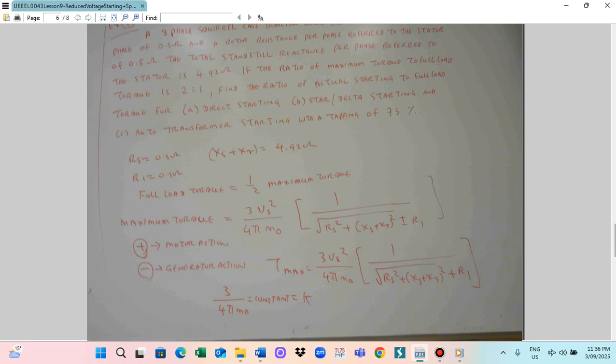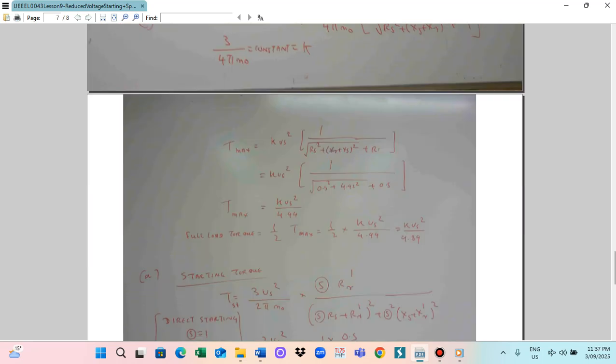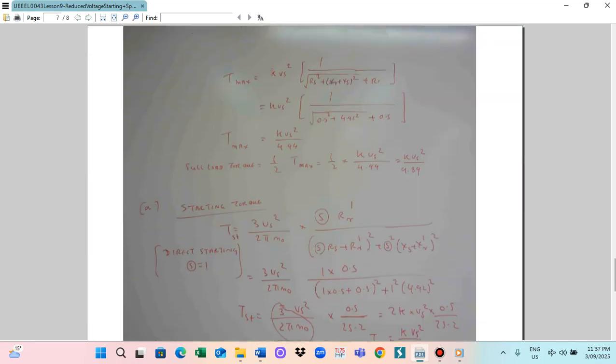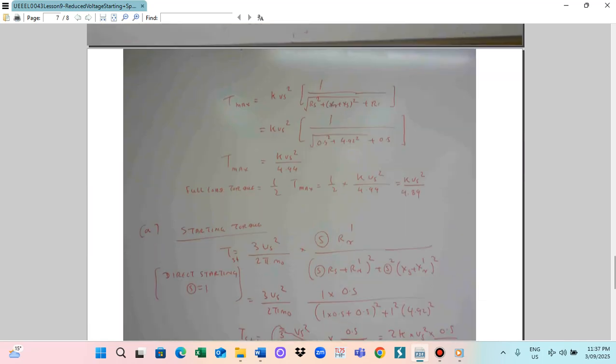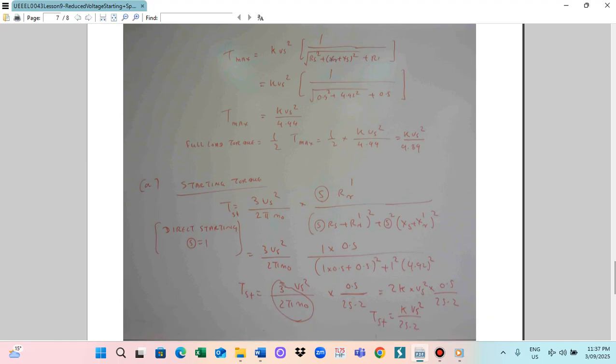So by substitution, what you got is K Vs squared multiplied with the square root of 0.5 squared plus 4.92 squared, plus 0.5. By solving this one, you got K Vs squared divided by 4.94. So this is T maxima.